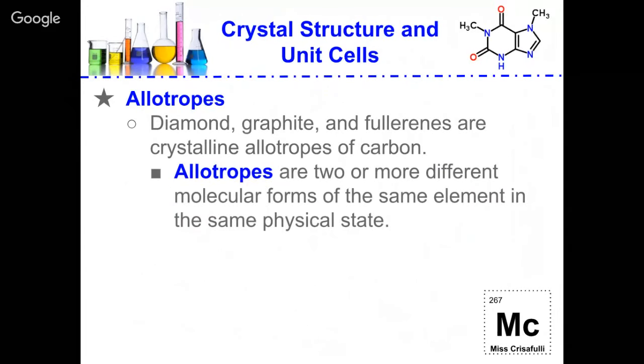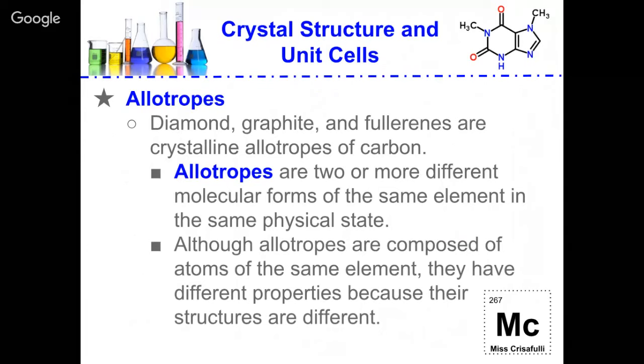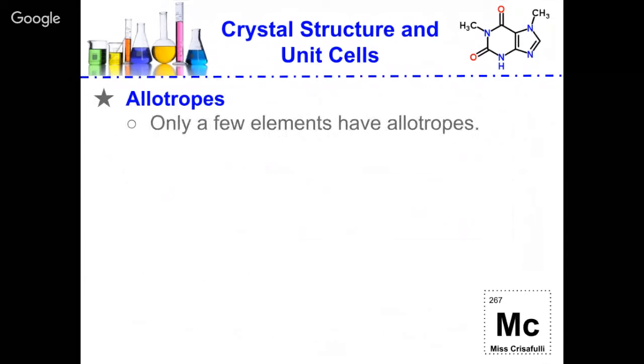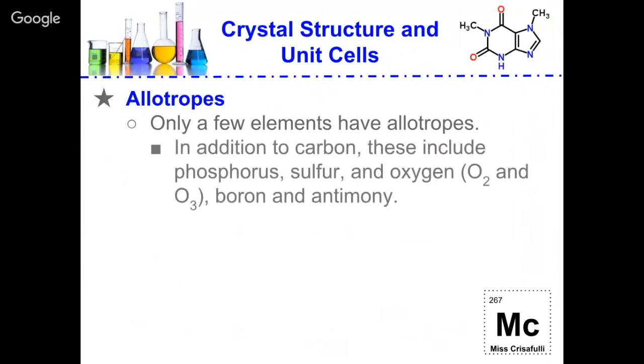Allotropes, by definition, are two or more different molecular forms of the same element in the same physical state. Although allotropes are composed of atoms of the same element, they have different properties because their structures are different. Only a few elements have allotropes. In addition to carbon, there are phosphorus, sulfur, oxygen, boron, and antimony allotropes.